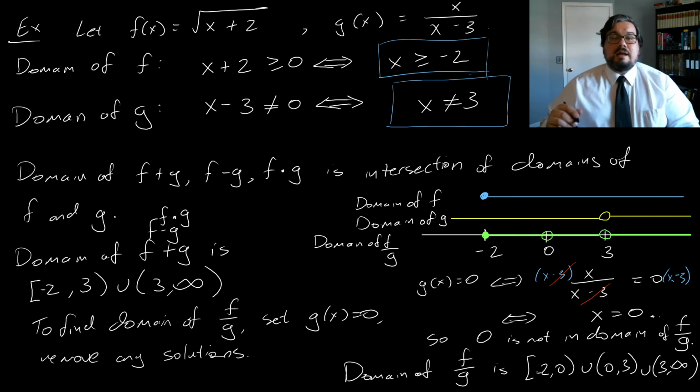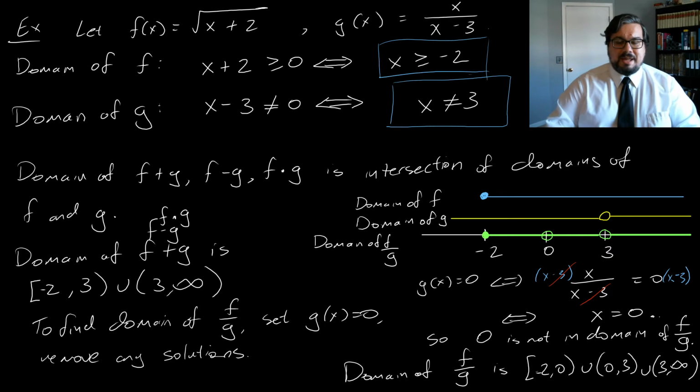Now, it's very important that we go through this process carefully, because if we just look at the formula that we get when we evaluate f plus g or f minus g or f divided by g or f times g, we won't necessarily detect some of the points that aren't in the domain.